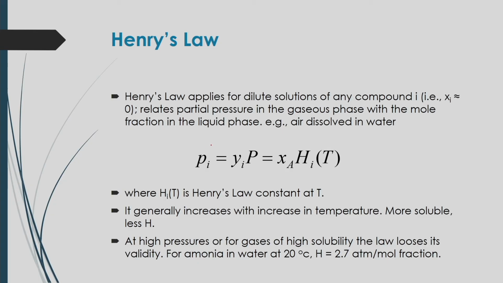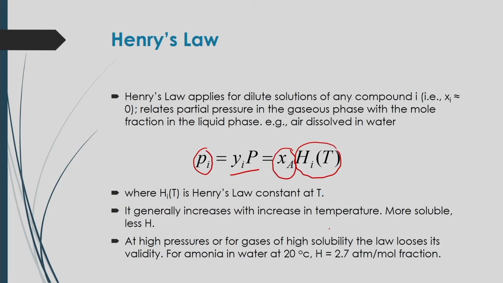The partial pressure of the component is proportional to the mole fraction in the liquid phase, and the proportionality constant is the Henry's law constant at that particular temperature. It generally increases with increasing temperature, and if you have lower values of Henry's constant, you can expect higher solubility.